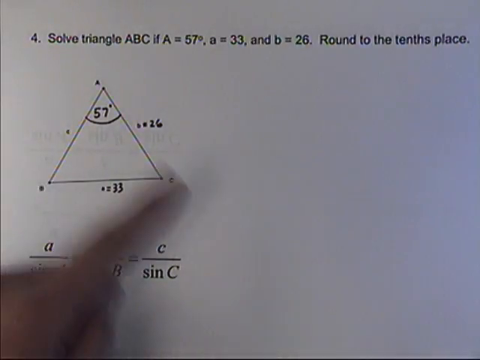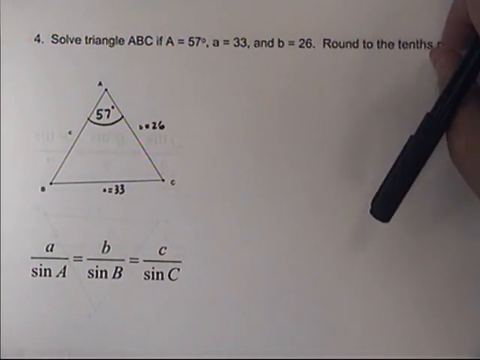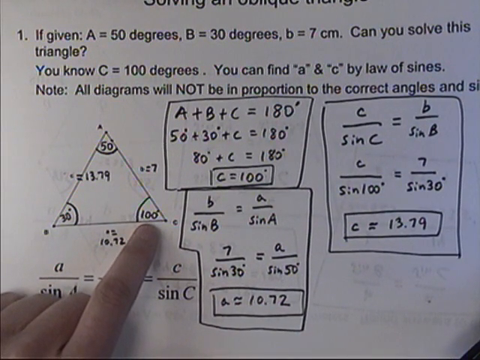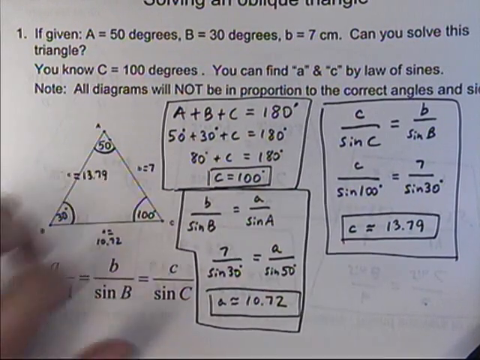Now, this diagram is not going to be perfect, meaning that the proportion of all of the sides are not going to make a whole lot of proportional sense. So like, for example, here, see this angle right here? Is that a 100-degree angle? No, because it would be bigger than 90, right? So the triangles that I've drawn are very generic.